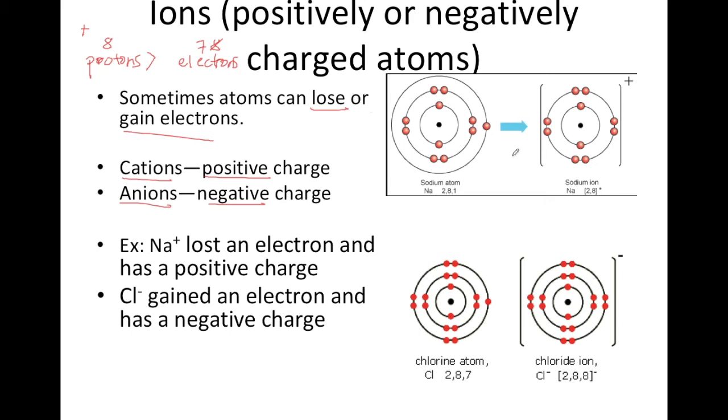Now, let's think about why it's important to lose or gain electrons, and it has to do back with that valence shell. So here we've got an atom of sodium. You've got one happy shell here, one happy shell here, but one pretty sad shell over here because you're missing about 7 more friends.